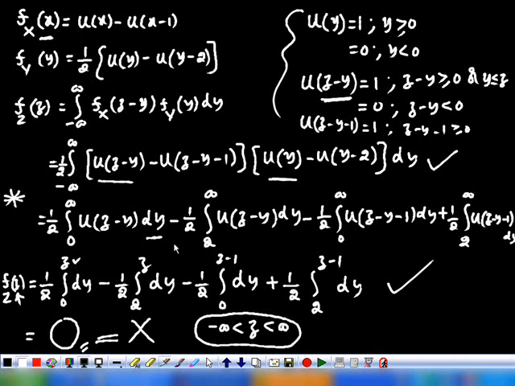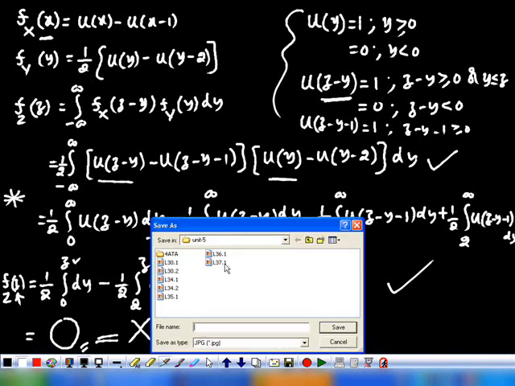Let us see. So we already know that this is fX of x, which is equal to 1 from 0 to 1.